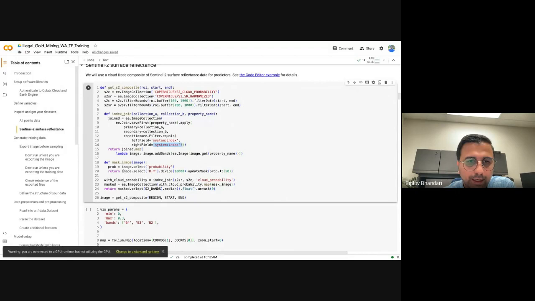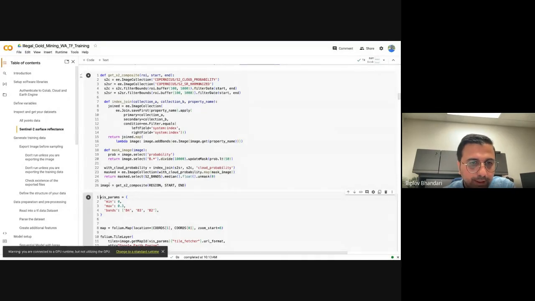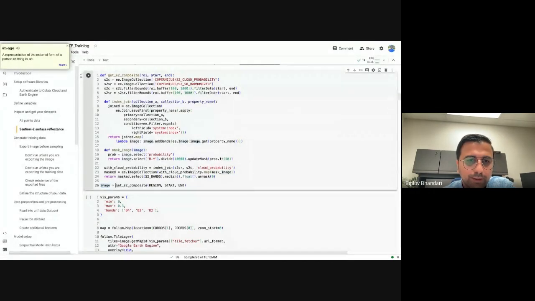And here I am basically taking all the pixel values, dividing them by a scaling factor of 10,000, and then taking only the images whose cloud cover is less than 50% in this case. So when you run this, you get this image now, which is a median composite between your start and the end date.